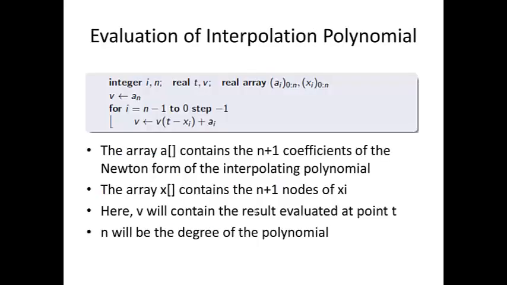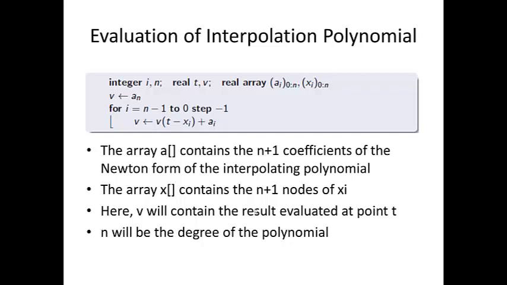So here's our pseudocode, and again we just have one for loop here, and we're going to have v continually take on that value through an assignment statement. The array A is going to contain the n plus 1 coefficients of the Newton form of the interpolating polynomial, and the array X is going to contain the n plus 1 nodes x_i.